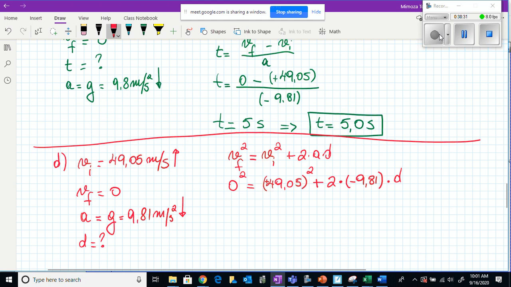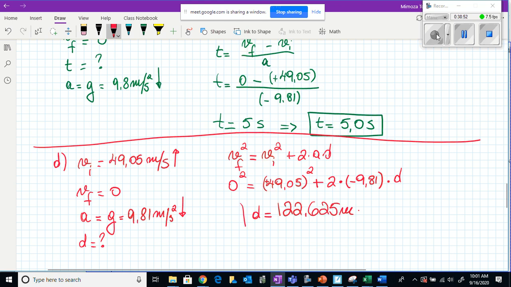So now displacement, in your calculator, you should have 122.625 meters. And the calculator tells you that it's positive.